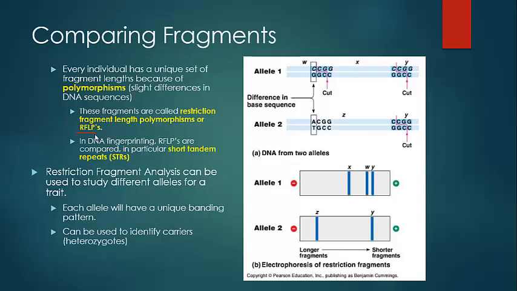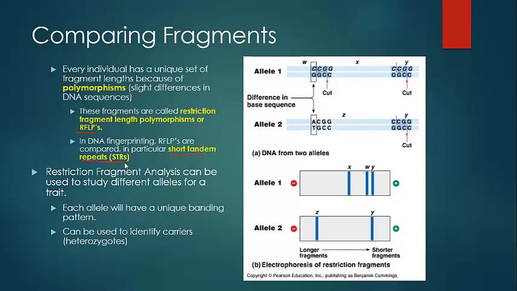Usually the part of the DNA that we choose to cut using the restriction enzyme is a part of the DNA called a short tandem repeat, or STR. These short tandem repeats are non-coding regions of DNA that have repetitive DNA, and the number of repeats is highly variable from person to person. No two people will ever have the same number of repeats, or the same sequence of DNA.